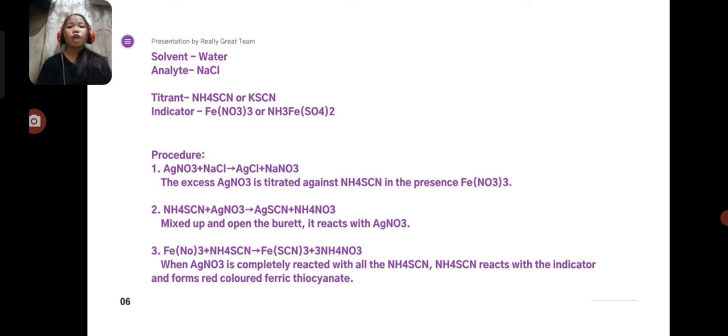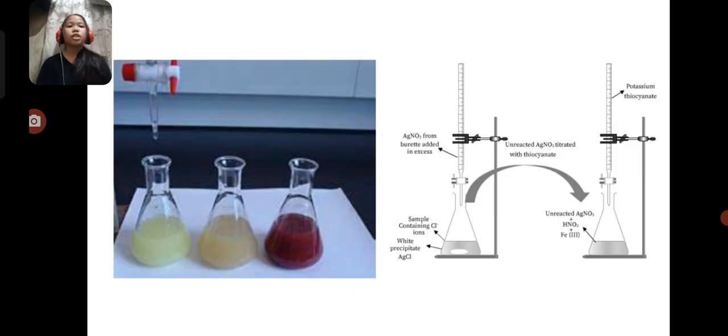When they react, they form AgSCN alongside NH4NO3. We open the burette to mix the NH4SCN with the AgNO3, which results in AgSCN. In the right image, the middle conical flask is the AgSCN, the result of the reaction of NH4SCN and AgNO3. As you notice, it has turned a darker yellow, heading toward brown. That is the formation in the second reaction.